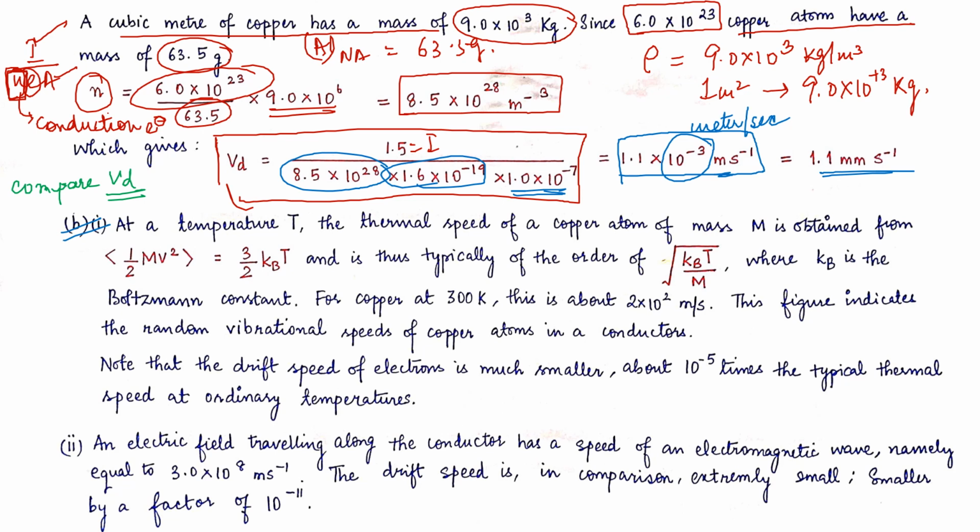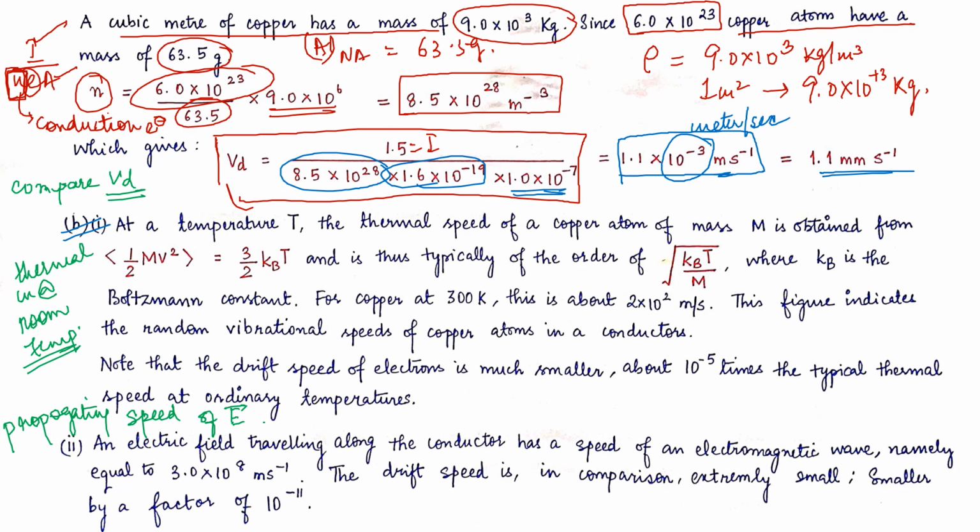One was the thermal speed of the copper atom at room temperature, and the other was the propagating speed of the electric field. Now first of all, we will see the first case, the thermal speed of the copper atom at room temperature.